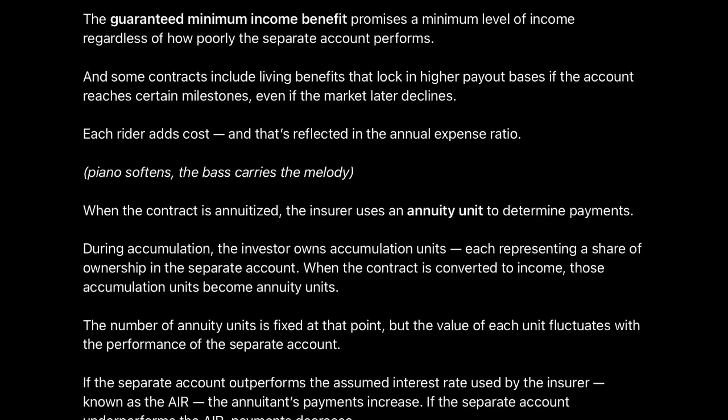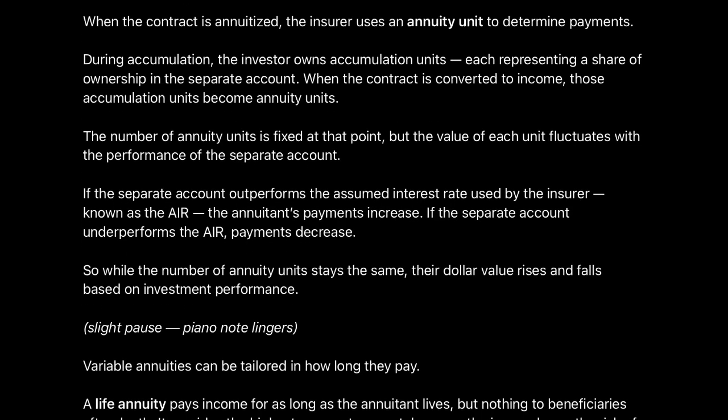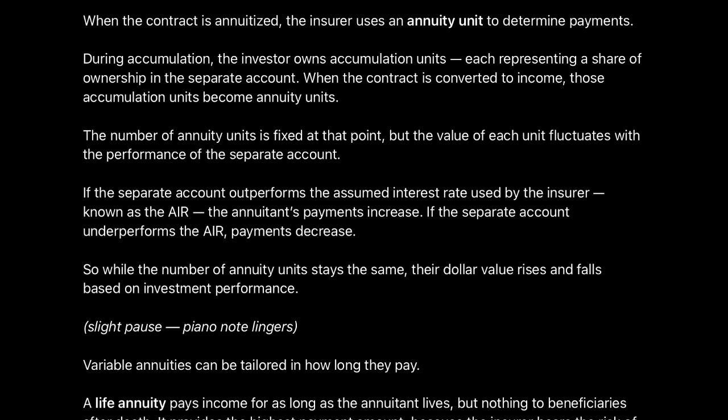When the contract is annuitized, the insurer uses an annuity unit to determine payments. During accumulation, the investor owns accumulation units, each representing a share of ownership in the separate account. When the contract is converted to income, those accumulation units become annuity units. The number of annuity units is fixed at that point, but the value of each unit fluctuates with the performance of the separate account.